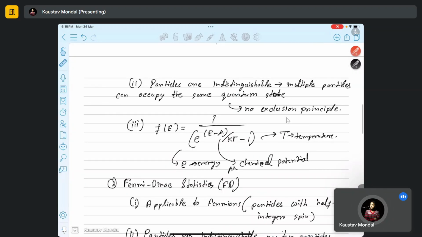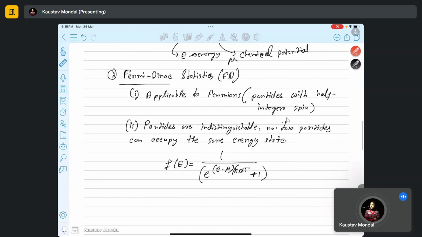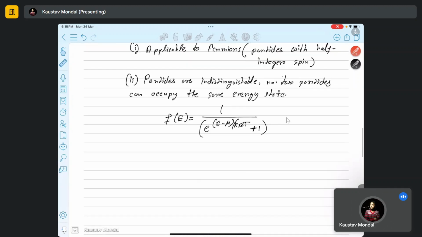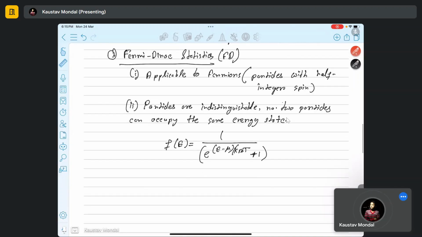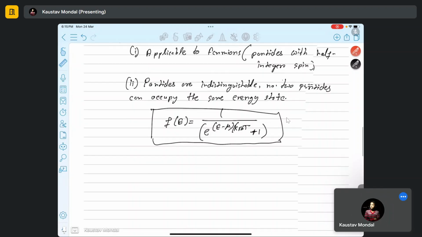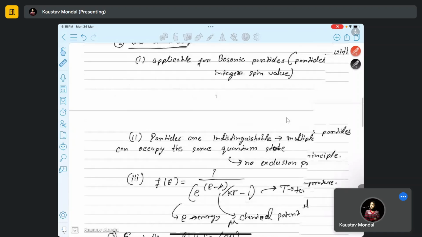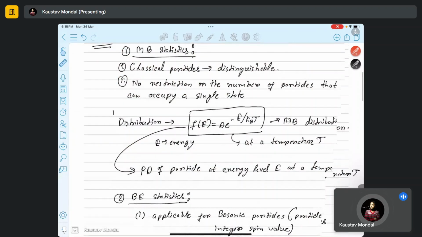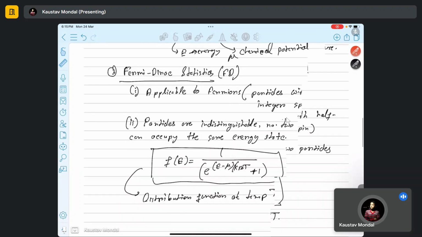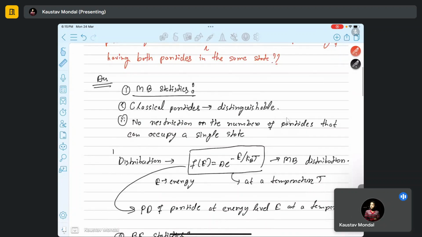Previously it was minus 1, but for the Fermi-Dirac distribution it is plus 1. So that is the difference. These are the distribution functions.